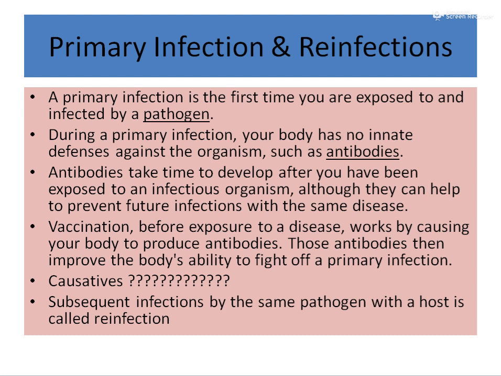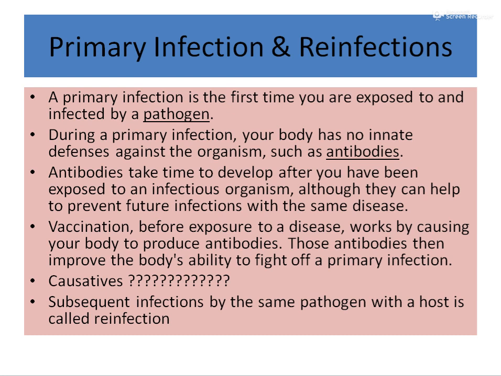During a primary infection, your body has no defenses against the organism, such as antibodies, because they have not yet been produced. The first-time exposure to a pathogen leads to a primary infection. Later on, you might develop antibodies against it, and then you will overcome it better.